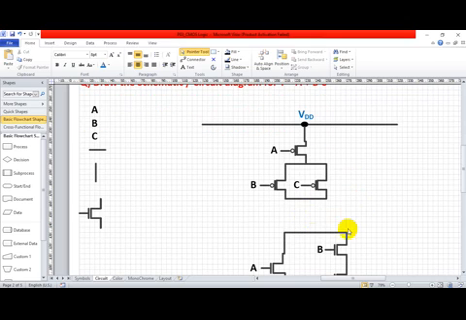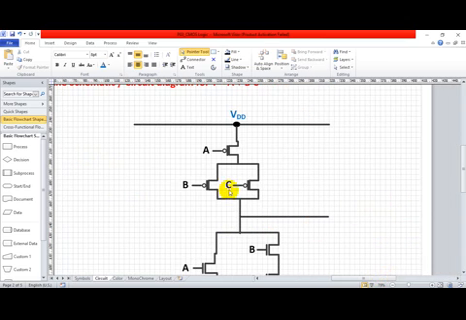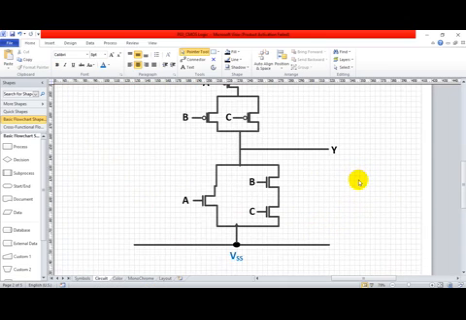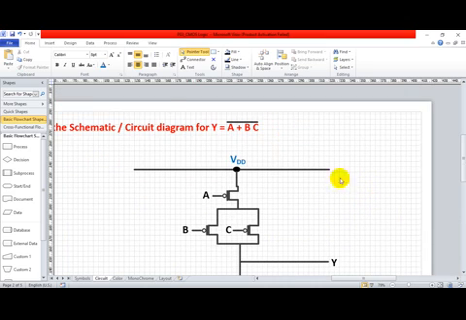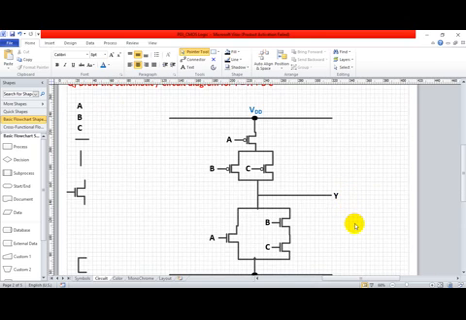From here we will take the output, so I will have a connection here between these two. Here you will have the output as Y. So this is the schematic for Y = (A + BC)'.